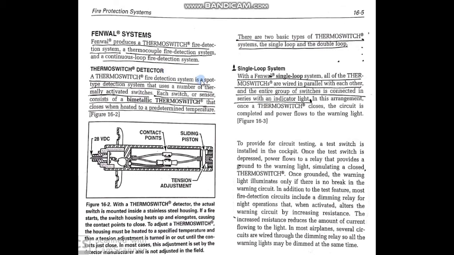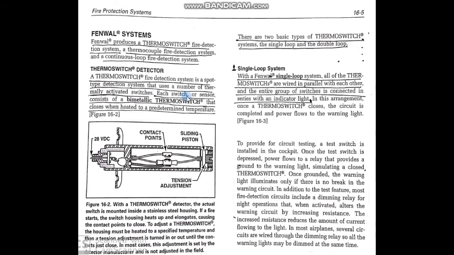The thermoswitch detector, as we see here in this figure, is a spot type detection system. So the thermoswitch is the first category, a spot detection system that uses a number of thermally activated switches.